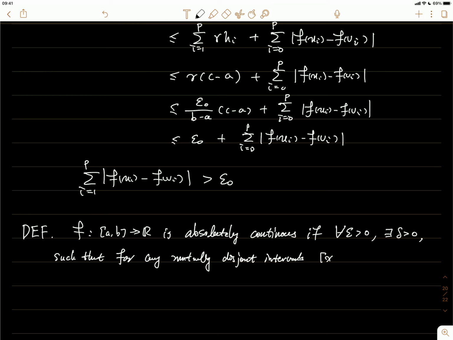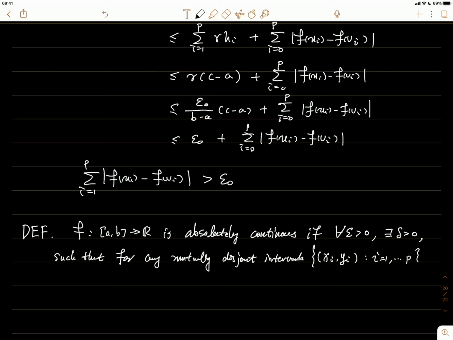xi, yi. Using open intervals will be fine because the measure doesn't change. So xi, yi, i is from 1 to p. It doesn't matter how large the p is as long as it's finite.